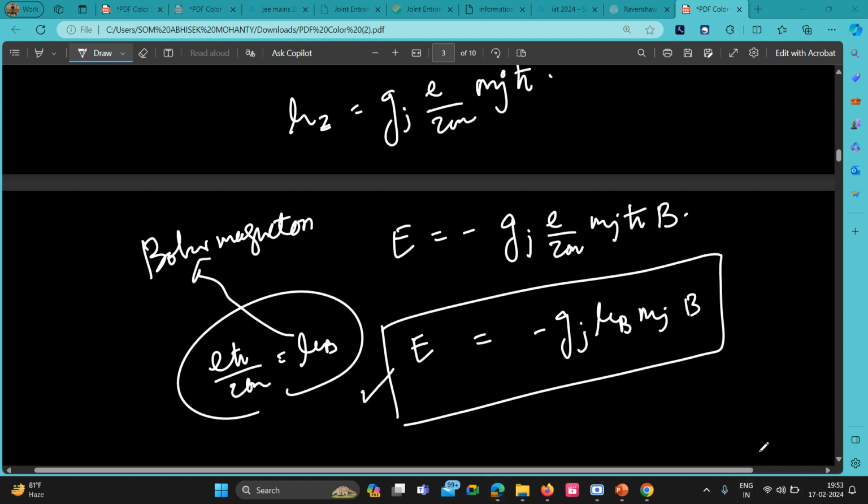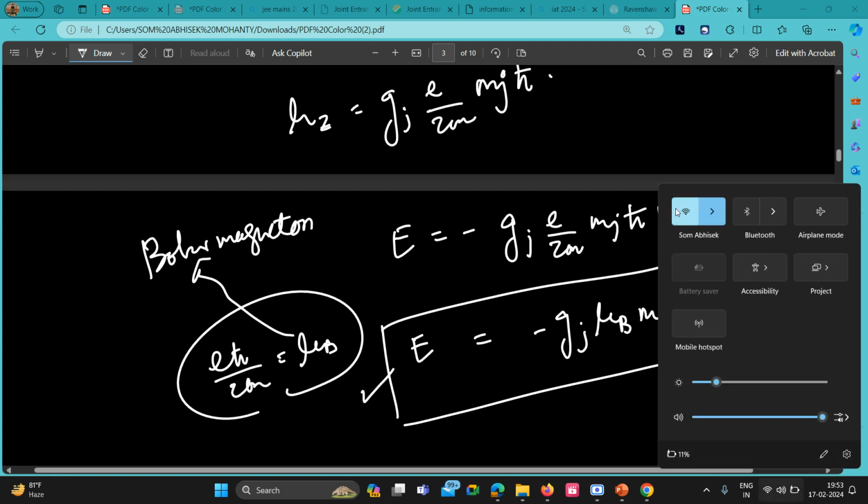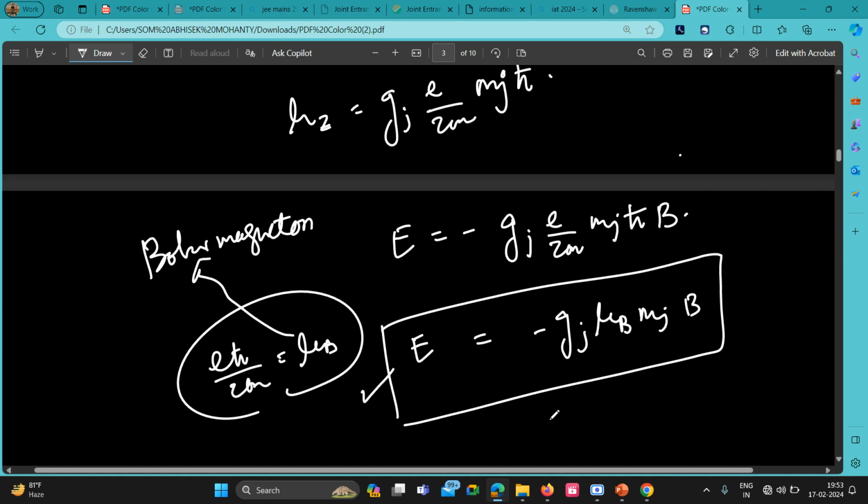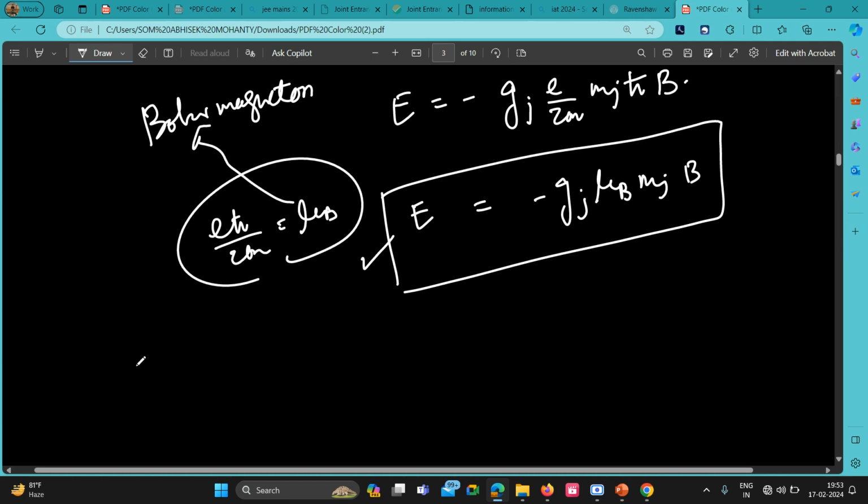Now, why did I do this energy thing? What was the need of getting energy? Because we need to calculate the partition function for a single system, right? Partition function needs your energy value because Z is equal to summation i gi e to the power minus beta epsilon i, isn't it? So energy value we obviously need.